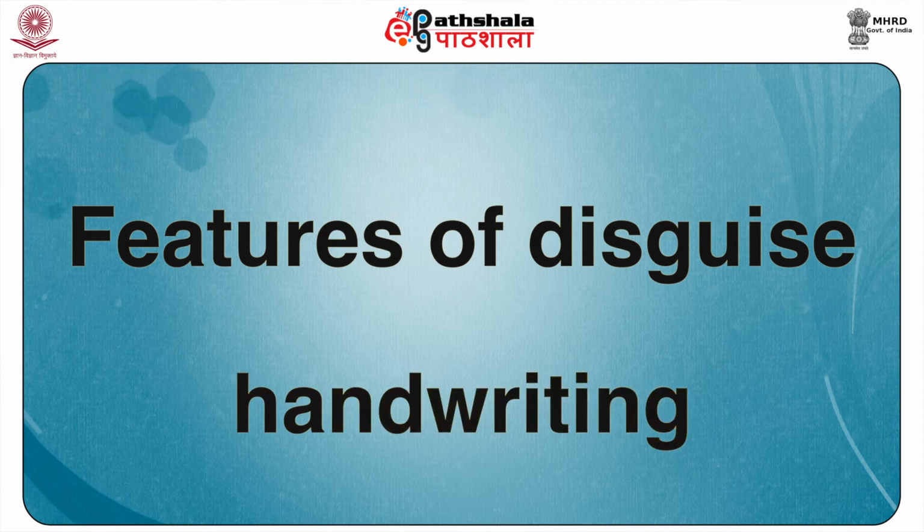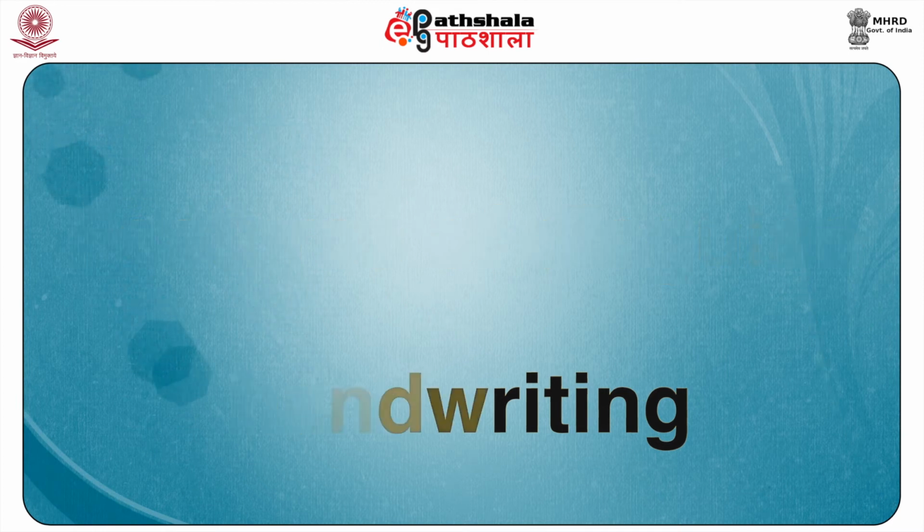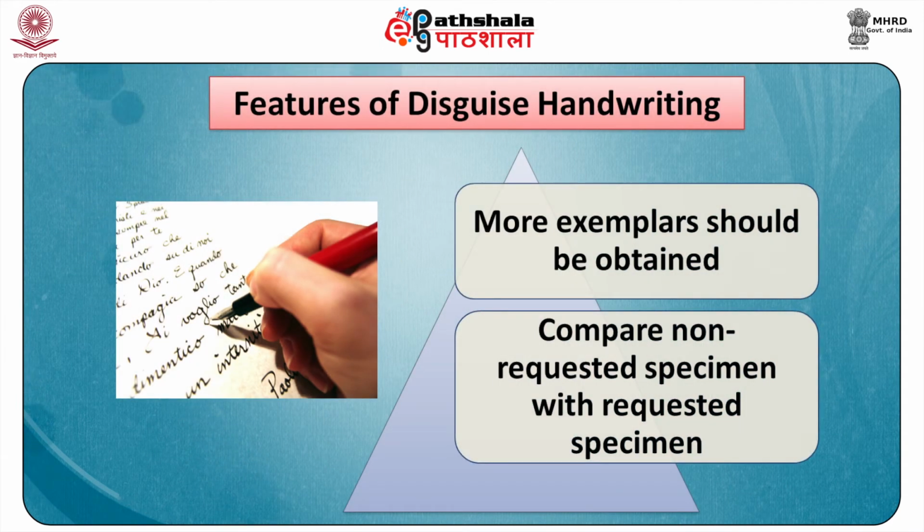Now, let us see what are the various features of disguised handwriting. Disguised writing attributes encompass a number of controlling factors, and its success is directly related to the skill and the imagination of the subject and the amount of questioned writing involved.